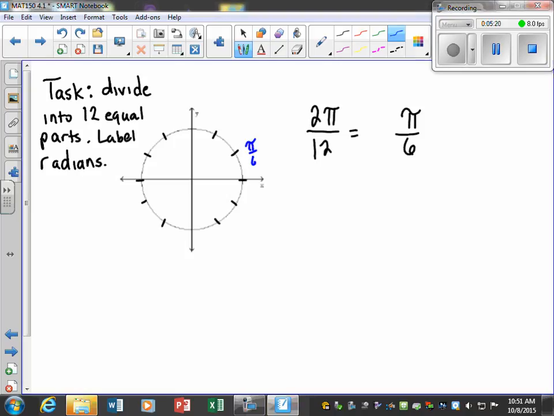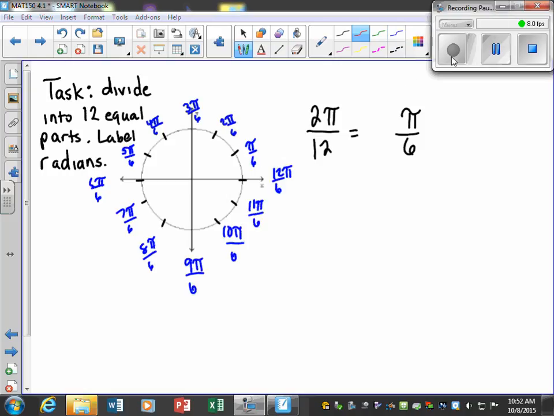So this is 1 pi over 6, 2 pi over 6. You may reduce these as you go, but for simplicity this time I'm not. 3 pi over 6, 4 pi over 6, 5 pi over 6, and continue all the way around. Okay, and check those: 7, 8, 9, 10, 11, 12. Now go back and simplify any fractions if you didn't already.